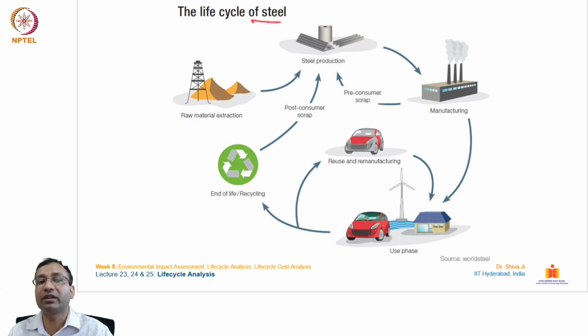For example, you can see here the use of steel in a building, and in energy harvesting units, for example a windmill. Then it goes to automobiles. All of those are different applications. Then it comes back for reusability, remanufacturing or repurposing, because steel is a highly recyclable material.